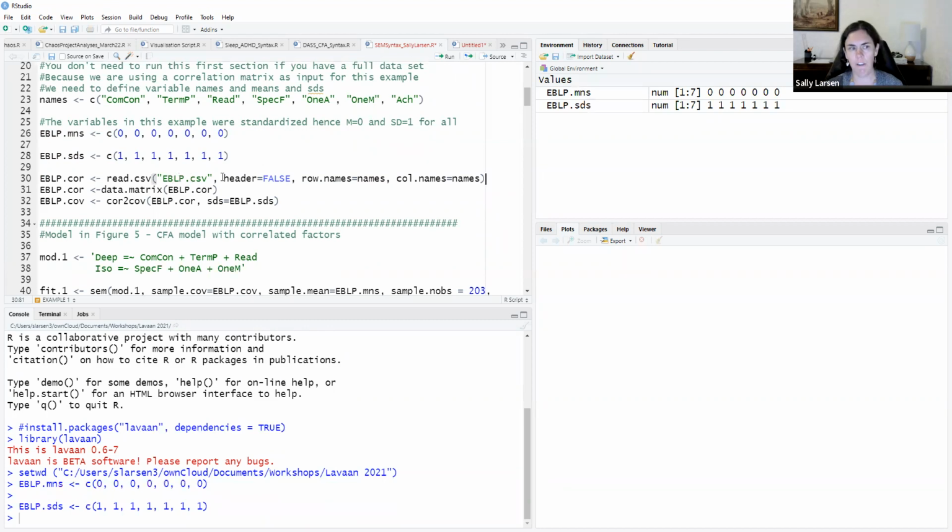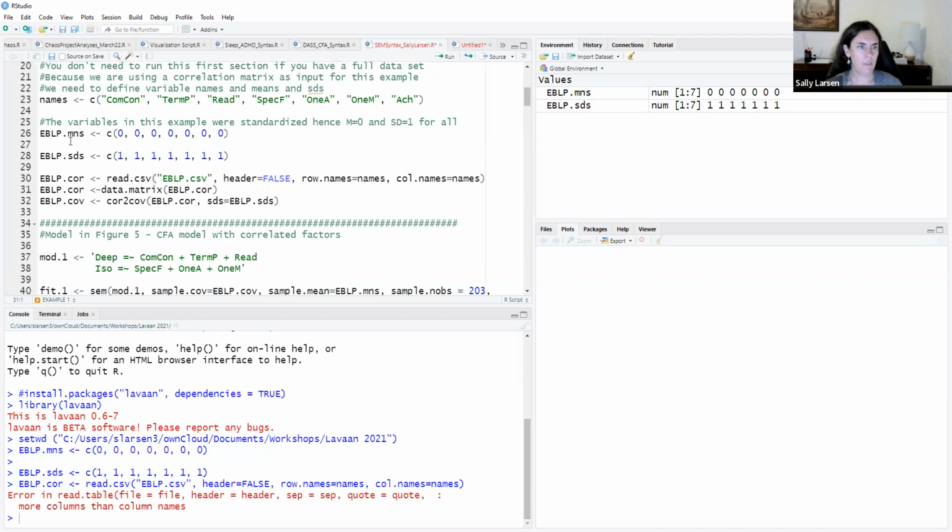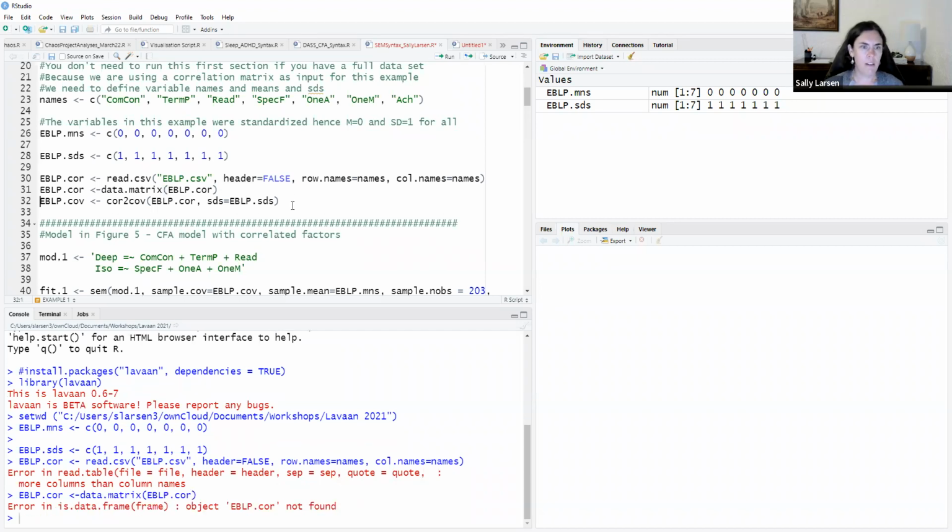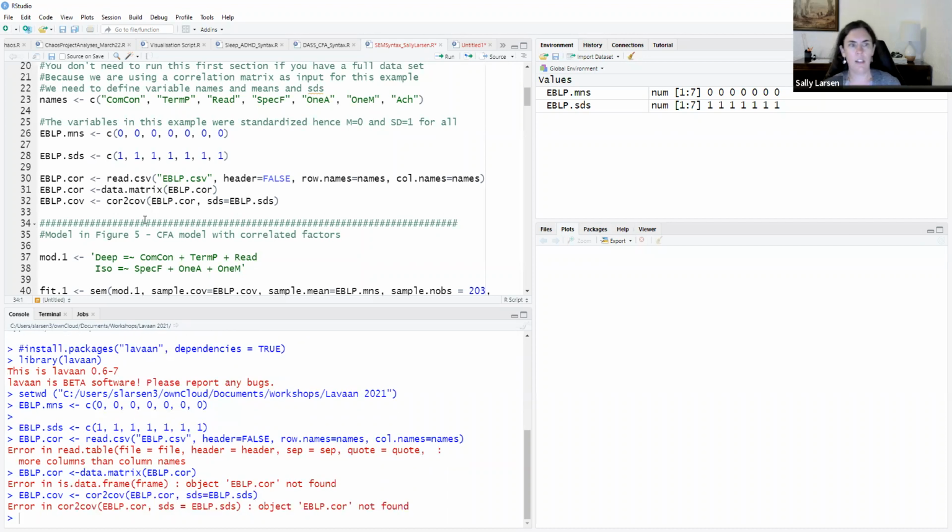This CSV file is just a correlation matrix. So it's got means, standard deviations, and correlations between all the variables. And then I run these. This is telling it to use this data matrix as the correlations. And then it's transferring the correlations to covariances. So this is just all what we're doing in the background.